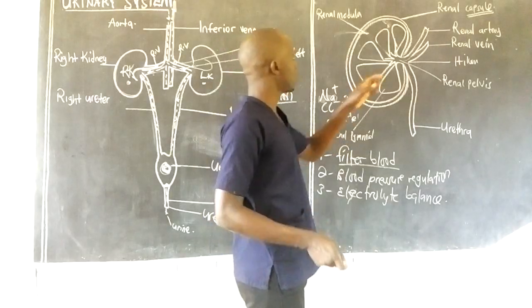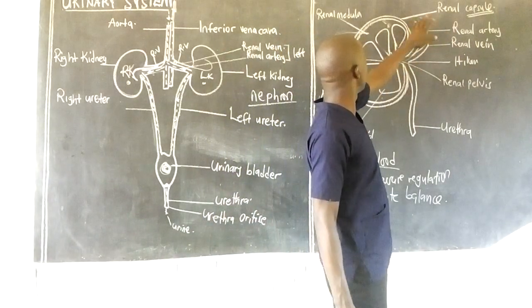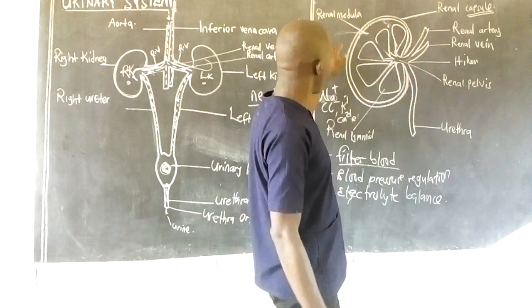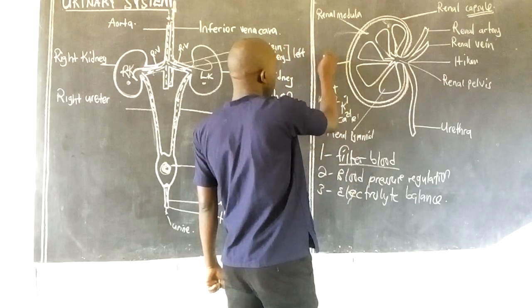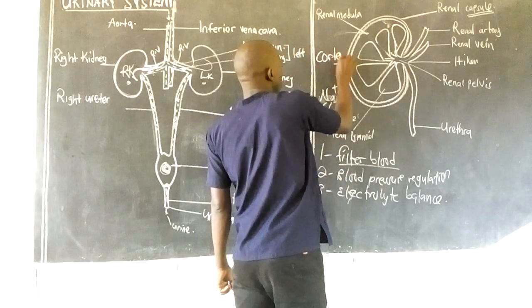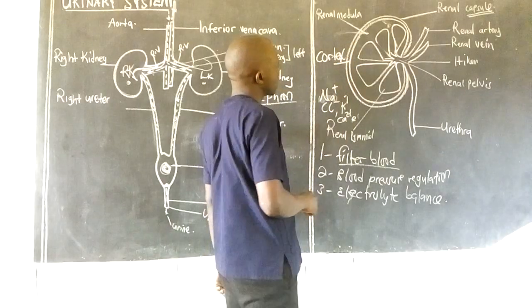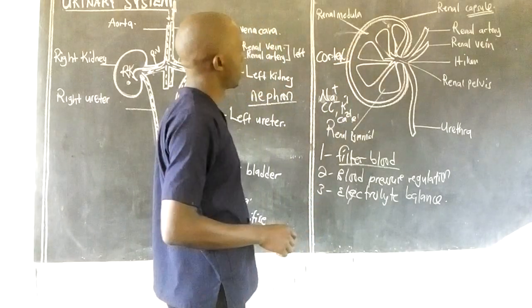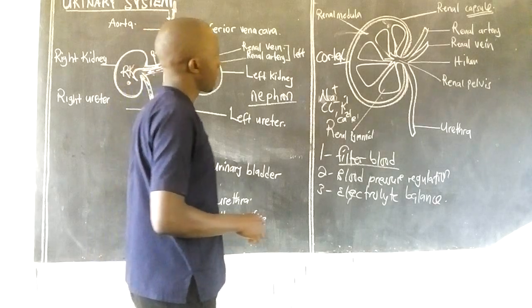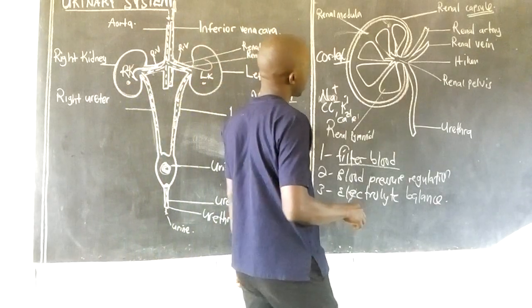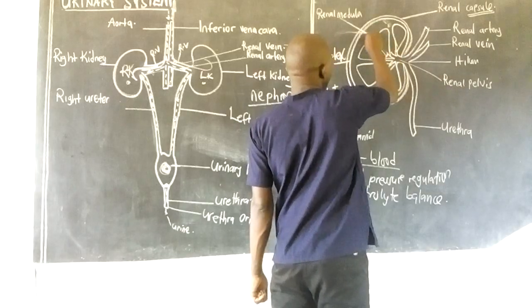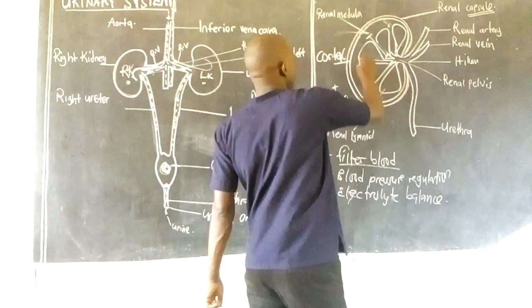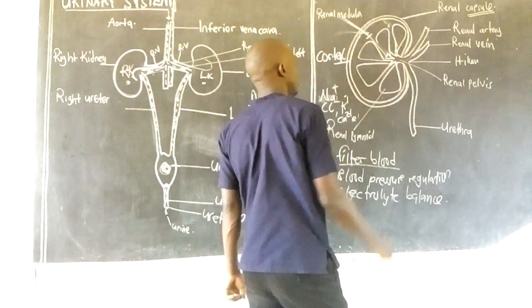And from the capsule, like I've already said, we have the renal cortex. So we have the cortex here, the capsule and the cortex. Then from the cortex, we have what we call the renal medulla. This one is the renal medulla.